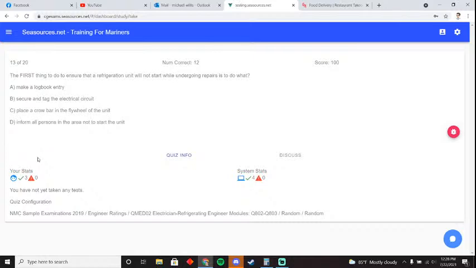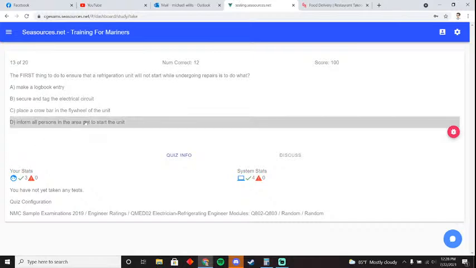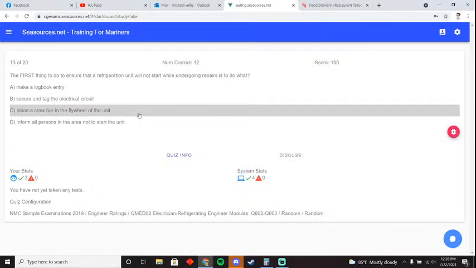The first thing to do to ensure that a refrigeration unit will not start while undergoing repairs is to do what? This is in any factory setting for any type of machinery, whether it be military, civilian, for any type of machinery that has moving parts that can mangle or kill you or burn you or shock you, or anything that has to do with electricity and moving parts.